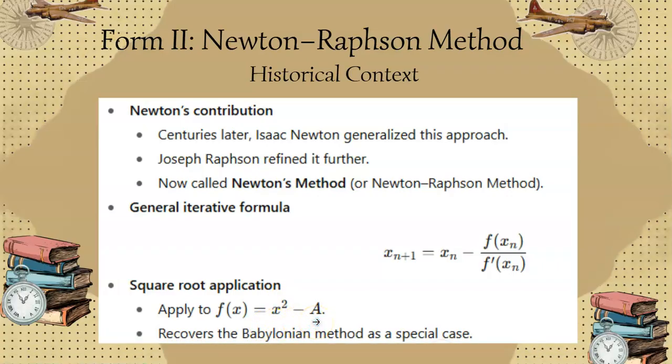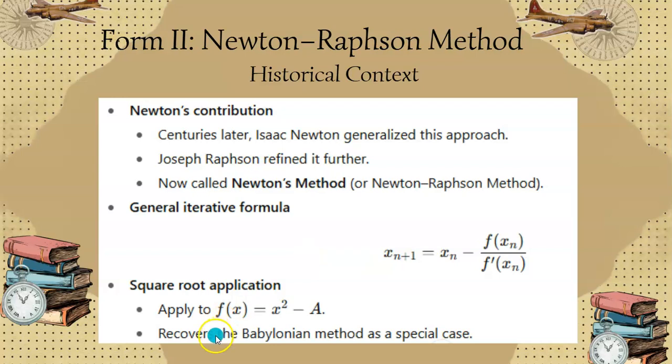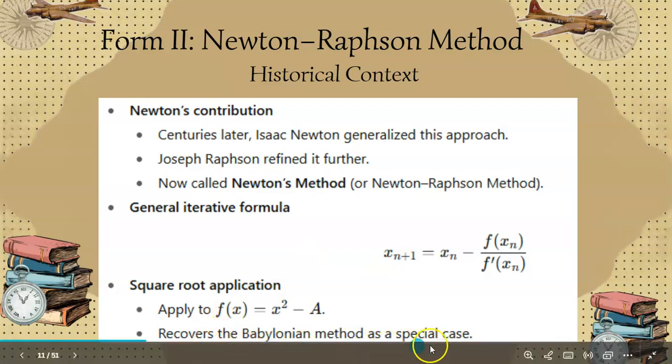Using the Newton-Raphson method, this recovers the Babylonian method as a special case. I will leave it up to you to derive it, but of course, I'll show in this video how we derive the Babylonian method, or Heron's method, using the Newton-Raphson method.